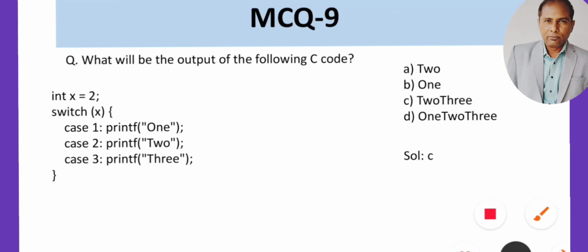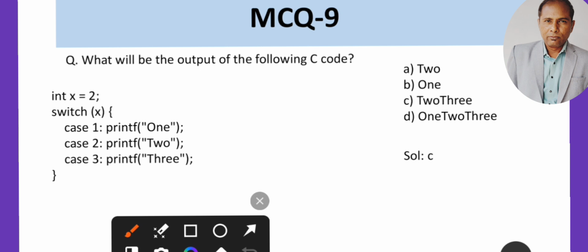Now if we talk about question number 9, here x is equal to 2 and we are writing switch, which means it should switch to case 2. In case 2 it is written printf 2, so it will print 2, but we are not using break here.